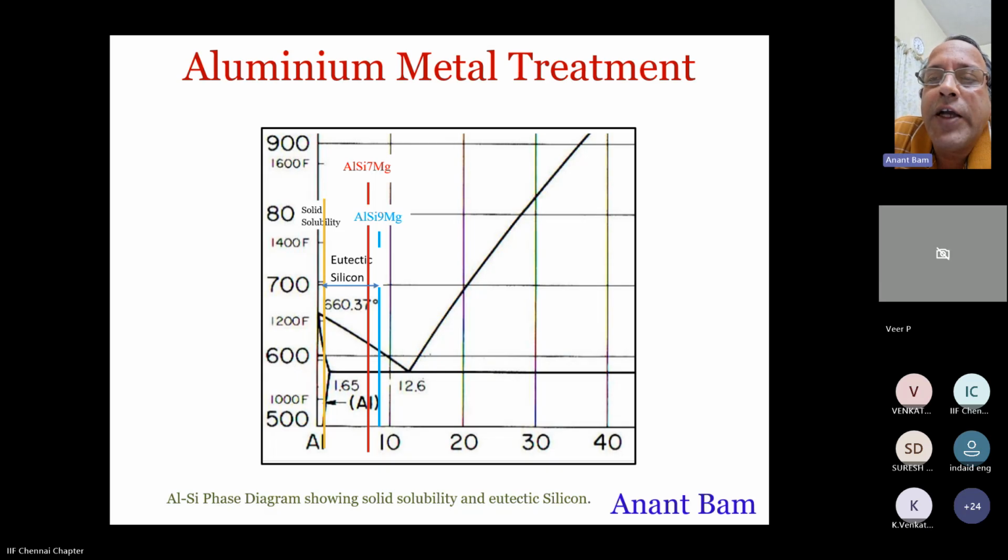If you take a sample of 100 grams having 7% silicon, then it has 7 grams of silicon in it. If it is 50-50 alpha beta, then 50% of it, that is 50 grams of alloy, will solidify in the freezing range.